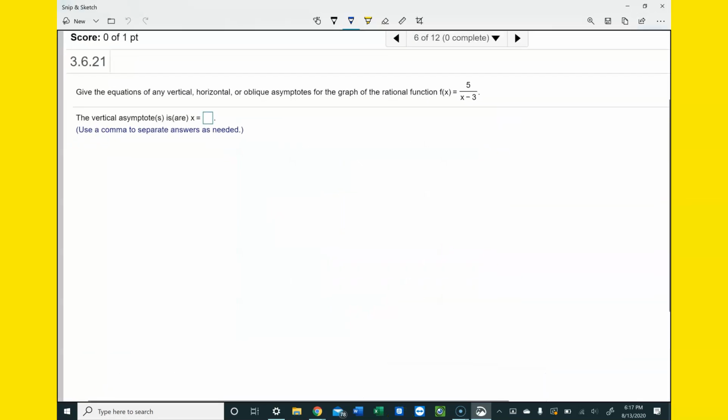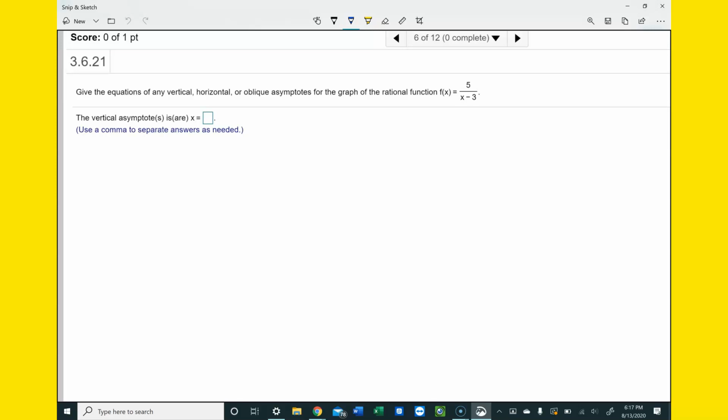All right, this says to give the equations of any vertical, horizontal, or oblique asymptotes for the graph of that given function. So let's talk about those three kinds of asymptotes. The kinds of asymptotes that you're going to have in a rational function are completely determined by the degree of the numerator versus the degree of the denominator.